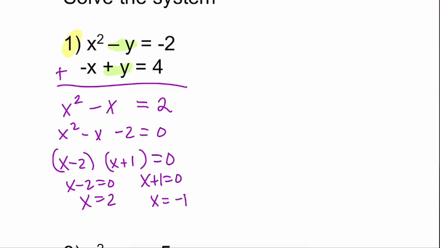Now we're not done. We are looking for the points at which these two things intersected. So it's looking as if it's intersecting at two different points. Now remember, this tells us that y equals x plus 4 if we do a quick rearrange. So when x is 2, that would make y equal to 2 plus 4 or 6.